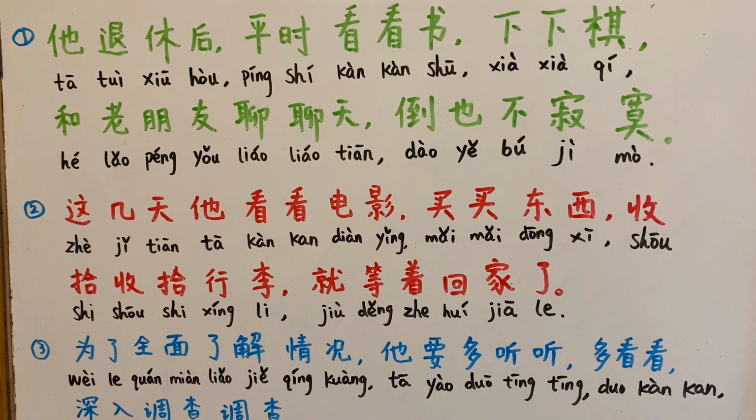It means to wait to do something, right? You can use this phrase to indicate something happens in the future, but you can also indicate the future in the past, the future of the past, right? 就等着回家了.